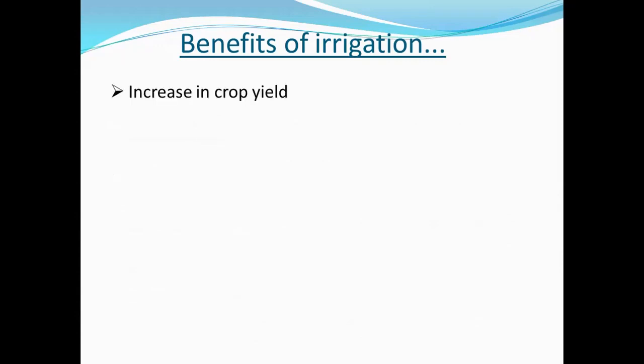The first one is increase in crop yield. Due to timely and controlled supply of water to the crop, the yield of crop also increases. With the increase of the crop yield, it will also achieve self-sufficiency in the production of food grains, right? If we have this controlled supply of water to the crops, we can use this water from time to time, a first period of watering, second period of watering, or third period of watering.